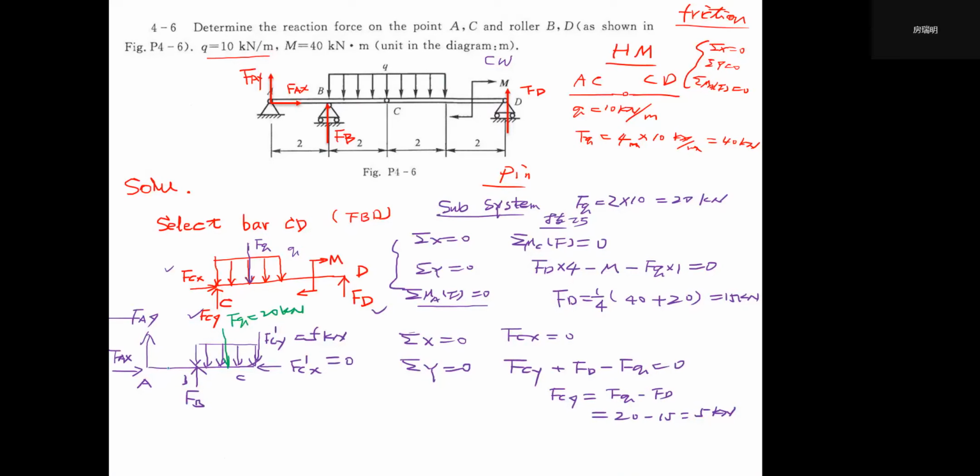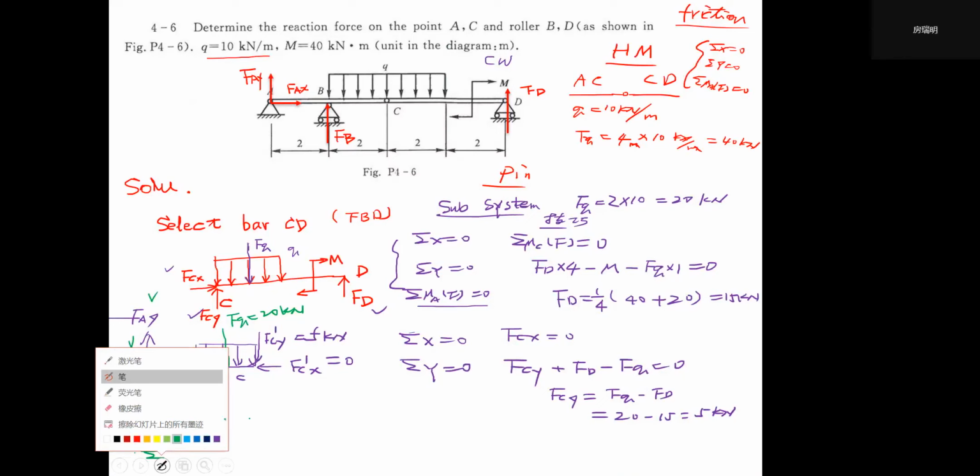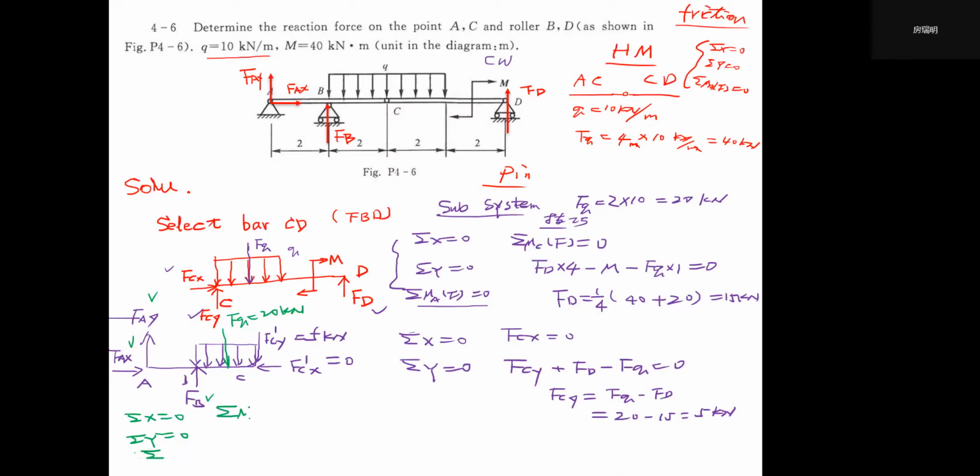So you can find from this subsystem of AC, it also has three unknowns. We also have two equations, sigma x equals 0, sigma y equals 0, and sigma M about A equals 0.